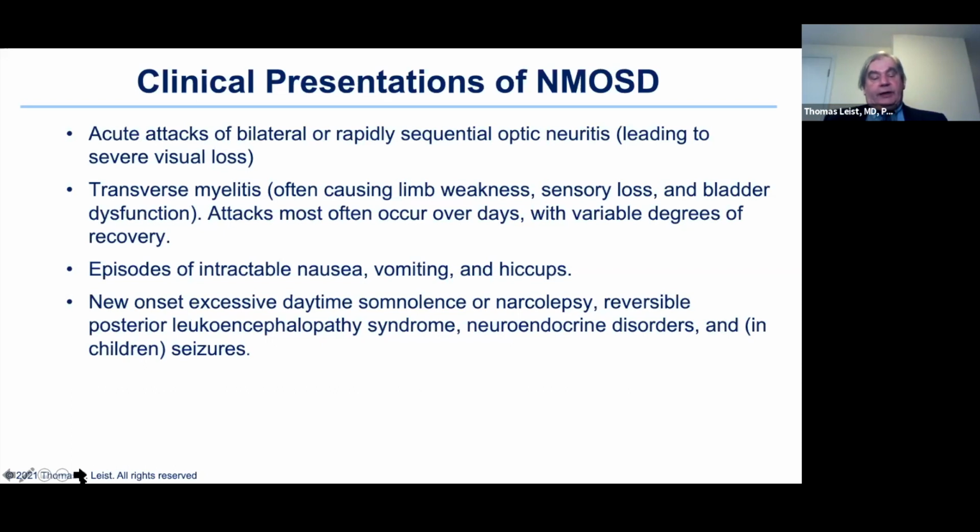Some individuals also may have intractable nausea, which we refer to as the area postrema syndrome, but I will come back to that. And interestingly, there is also a form of neuromyelitis optica that can lead to a narcolepsy-like state or can interfere with cognition, can make a person almost unresponsive. We call this the diencephalic variant of neuromyelitis optica.